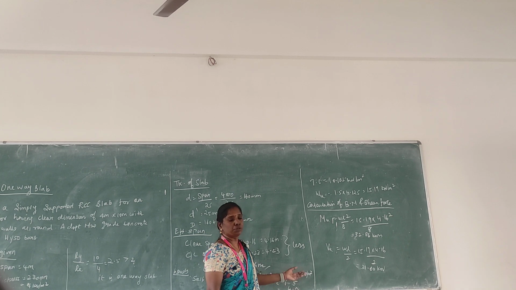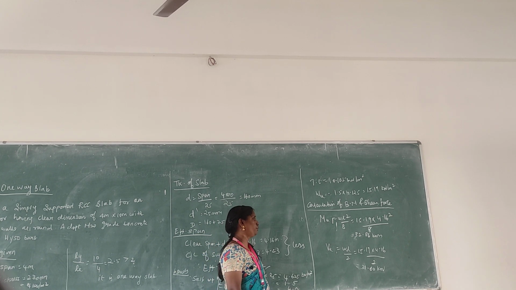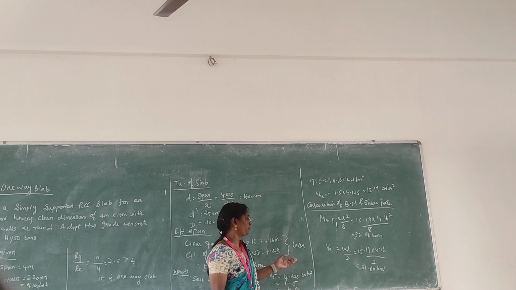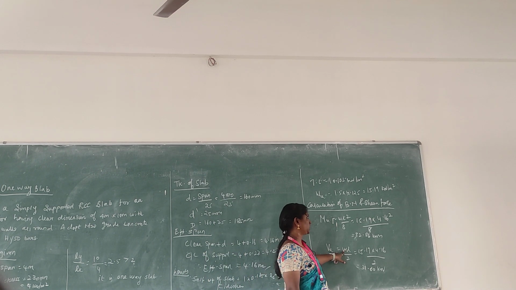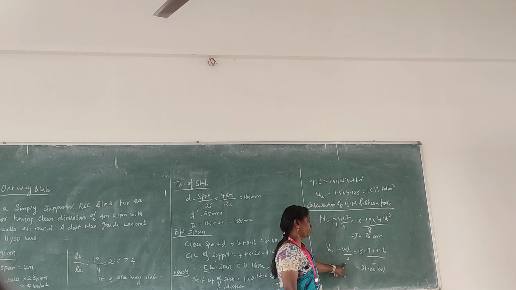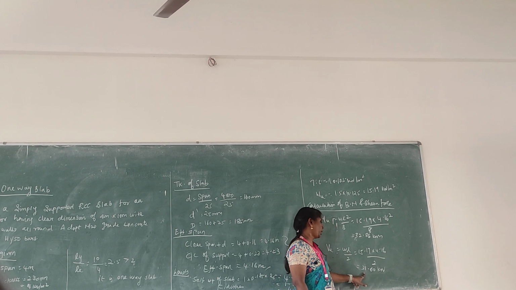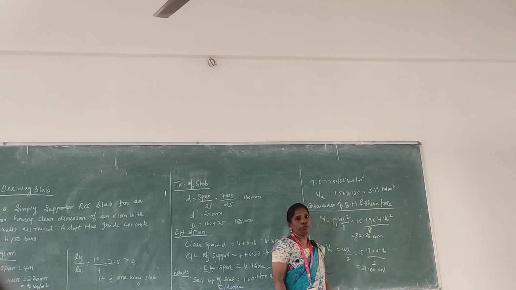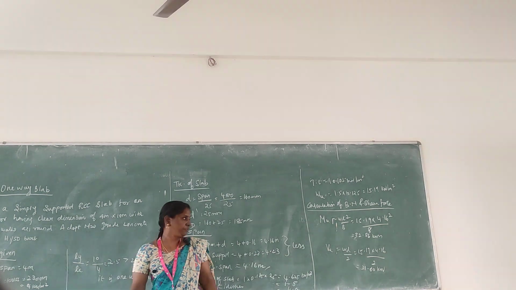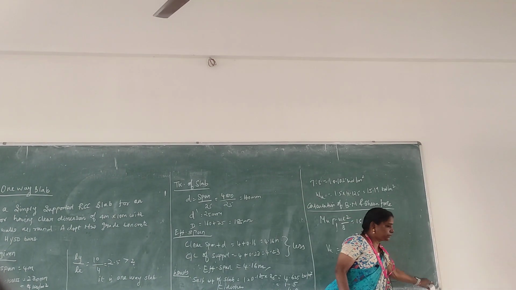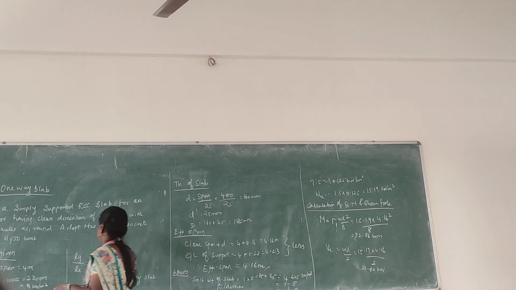Shear force value for a simply supported slab is nothing but W L by 2, that is the formula. In this formula, W is nothing but Wu 15.19, L is nothing but effective span, divided by 2, it comes 31.60 kilonewton.